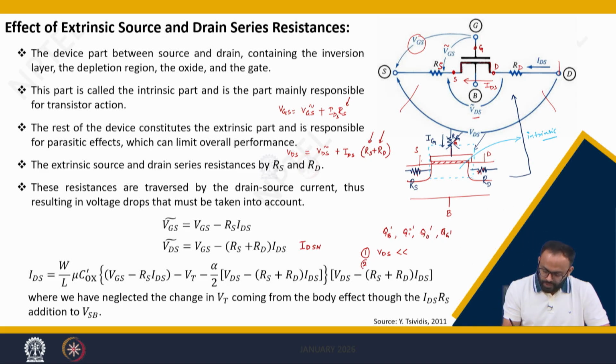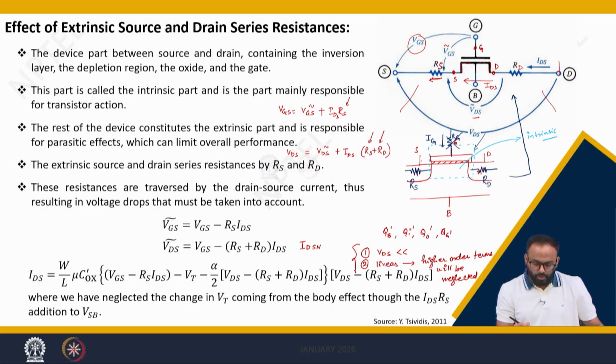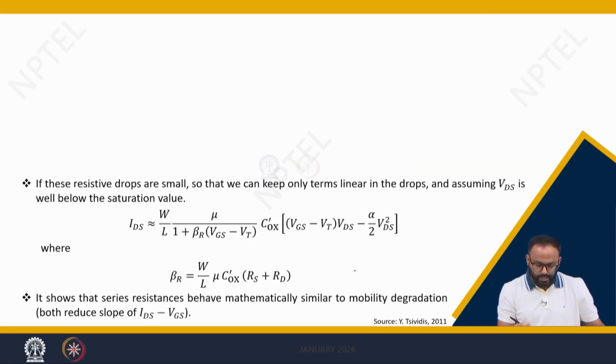The second is that we are considering the drop across these resistances to be very, very small, and hence we will only consider the linear terms, right? The higher order terms will be neglected. So with these two approximations, let us proceed to rewrite this equation of IDSN.